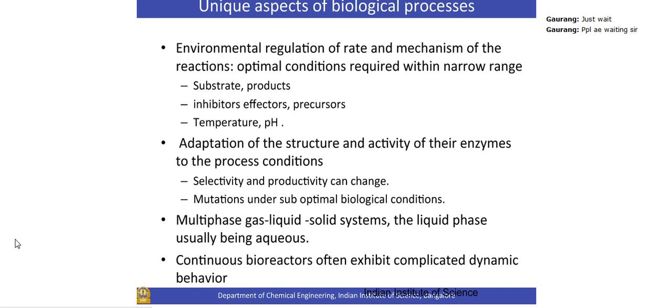And what happens when you put these cells into bioreactors is cells continuously try to adapt, thereby leading to either variations in the selectivity of a desired product or how much of it we can make. Or if suboptimal conditions exist in the reactor, then these cells could actually undergo mutations to cope with these suboptimal conditions.